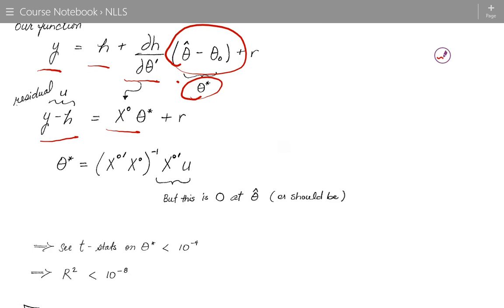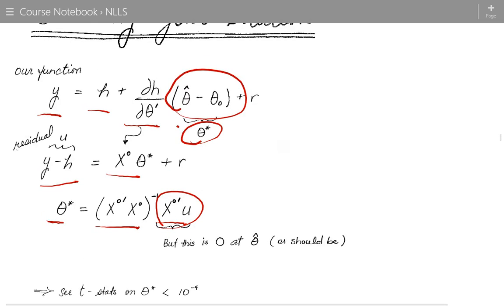And applying our OLS type algorithm again to this, we have theta star is equal to (x transpose x) inverse x transpose u. But this should be 0, right? For two reasons. One is the independence, but also you consider that this theta star itself, since theta hat, being a consistent estimator, converges to theta naught, this quantity goes to 0, right?